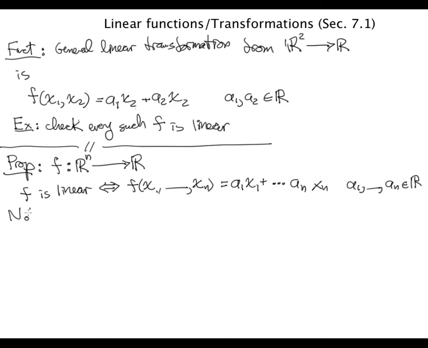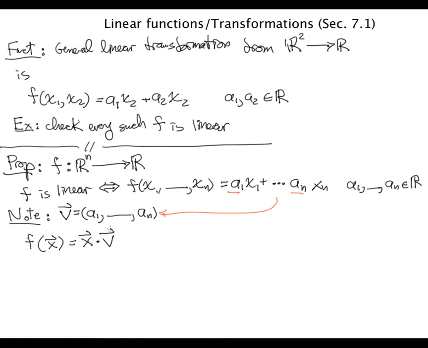And notice that if you fix a vector, I'll call it v, and make a vector out of these a's, a1 through an, that is, I've just taken these coefficients and made a vector out of them, then f of the vector x is simply x dot v, right?